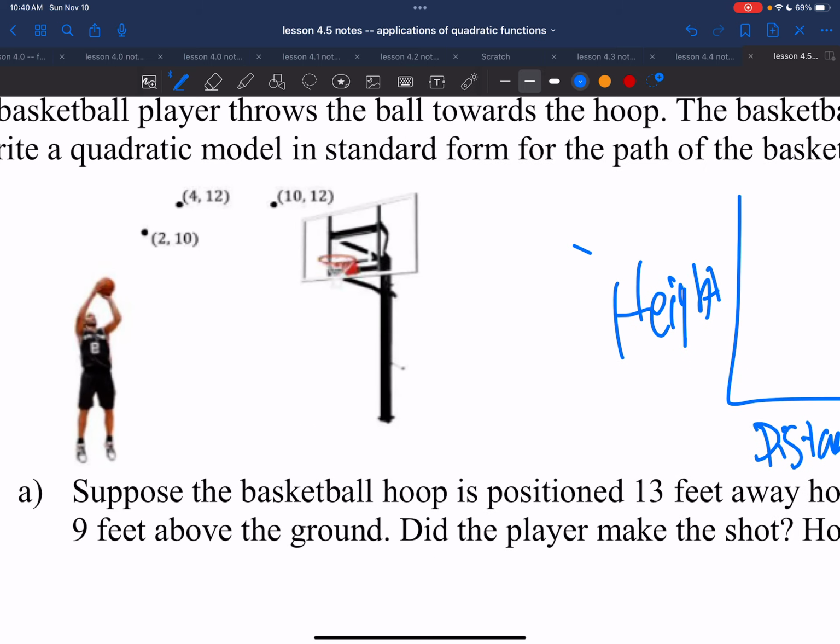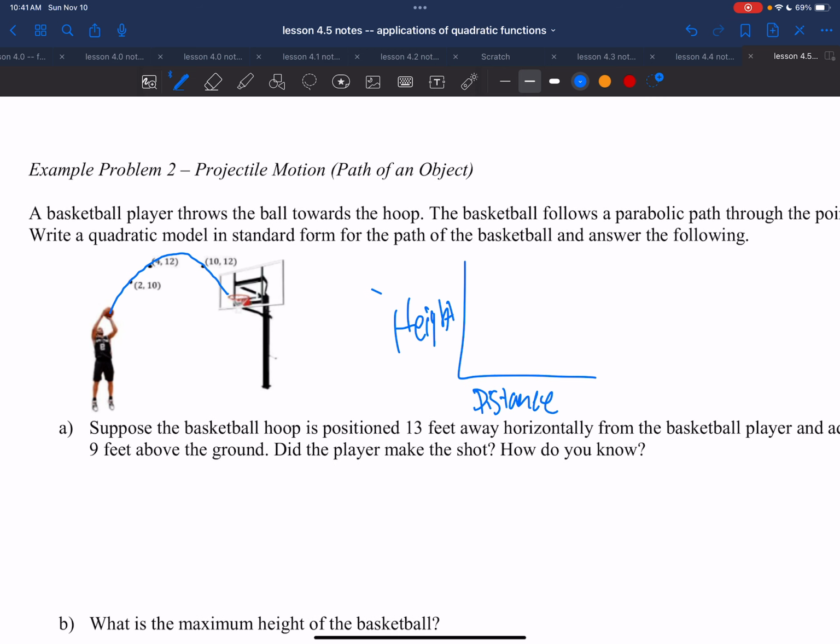He's throwing a basketball. It is going to follow a parabolic arch towards the hoop right here. So this is a physical parabola you're seeing happening in real time. If you could take a picture of the ball every moment it was flying through the air, you would see a parabola. So let's try and answer some of these questions now.